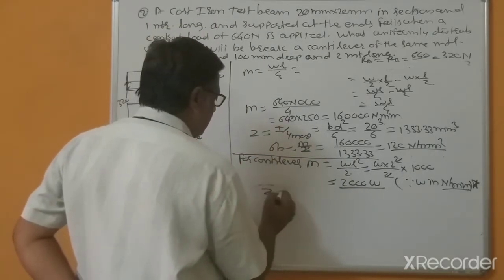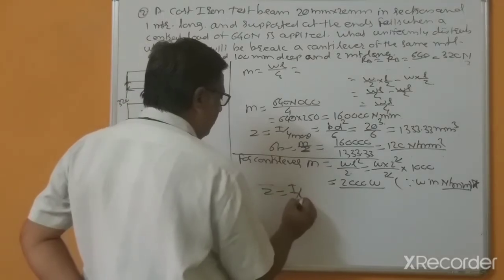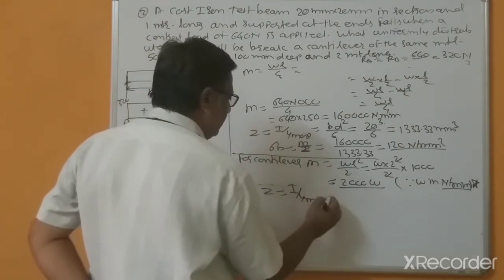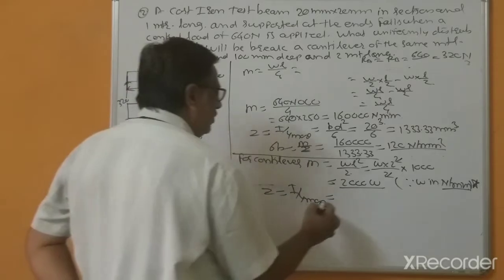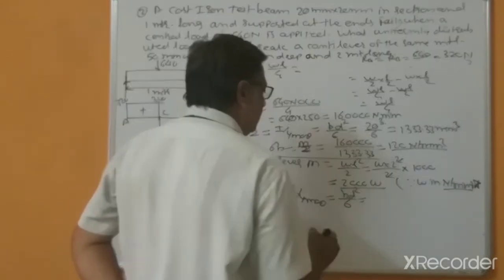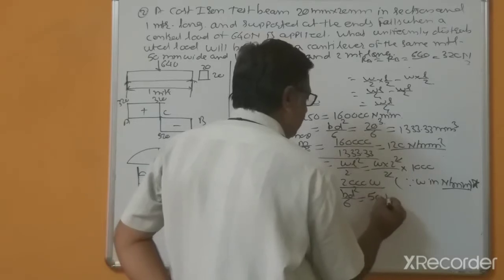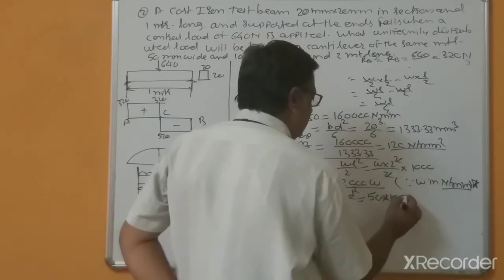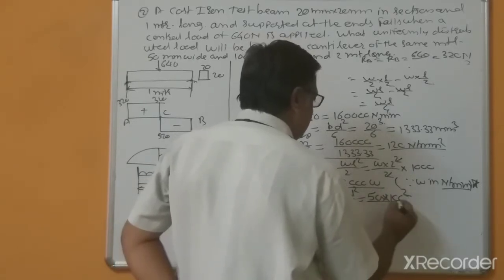Z equal to section modulus, I divided by y max. Again this is BD squared divided by 6, B equal to 50, depth equal to 100 squared divided by 6.